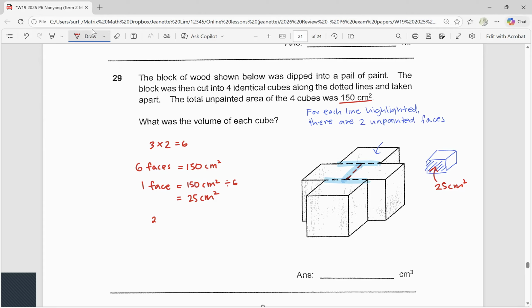So square root of 25, or 5 times 5 equals 25. So this is 5 cm. The volume of each cube, so 5 times 5 times 5, 125. So the answer is 125 cubic cm.